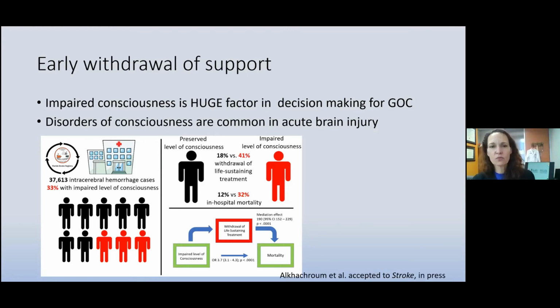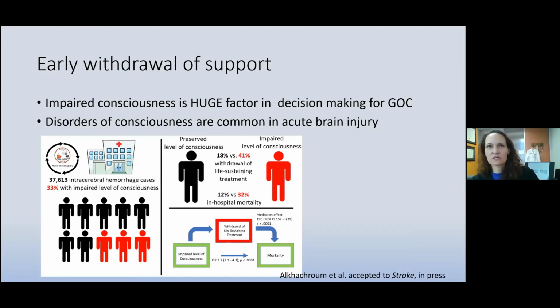And what was found in these data is that 33% of patients with impaired consciousness will go on to die, and that the mediating factor here is withdrawal of life-sustaining treatment. You might think, well, no, duh, right? They're going to do badly, and so you make them DNR and you take them off. But I think it's important to recognize that you are directly affecting the outcome by doing this.